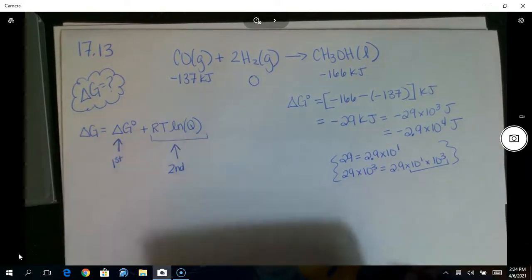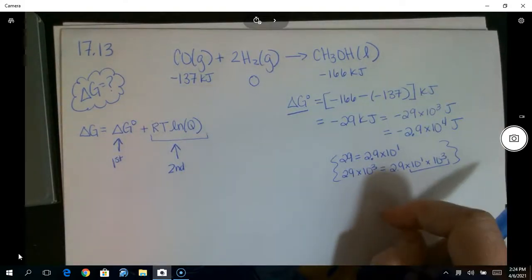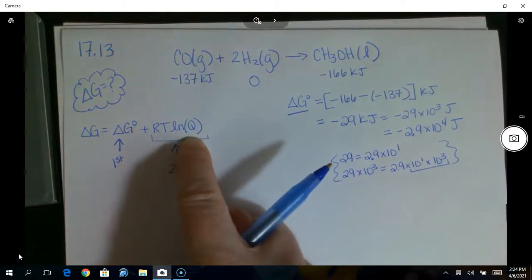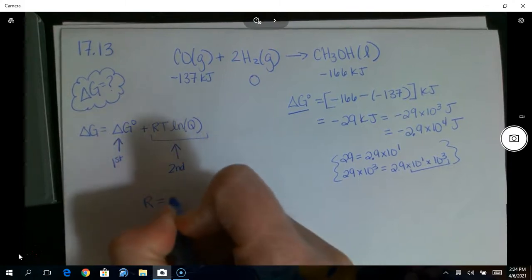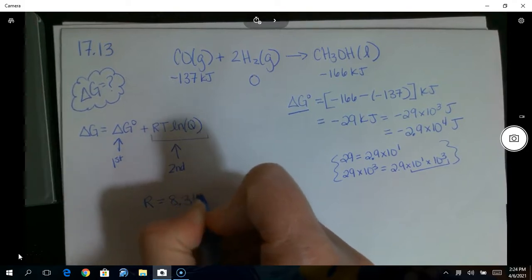All right, so back to the problem. Now we have our standard change in energy, and now we have to do that second part that I promised you we would do. R is equal to our gas constant, and this is given to you on the AP formula sheet.